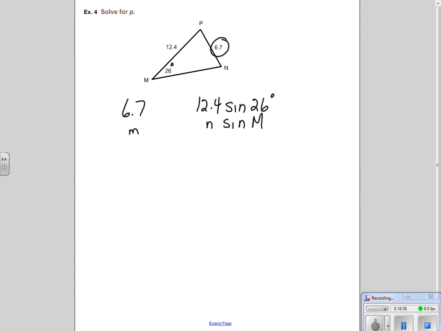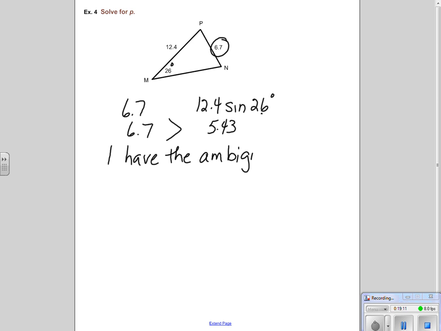If it's smaller, no solution. If it's larger, two solutions. So I'm going to type the right side. 12.4 times sine 26 is 5.43. 6.7 is larger than 5.43. So I do have the ambiguous case. I have to consider that there are two solutions to this problem.